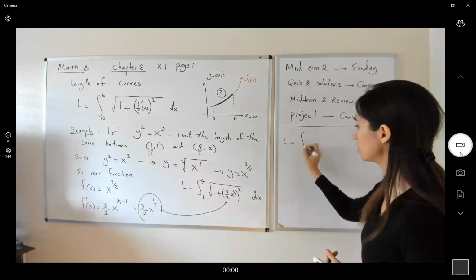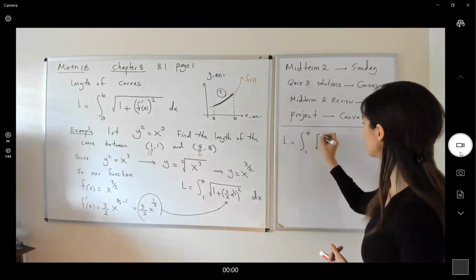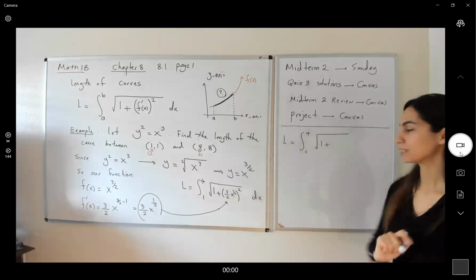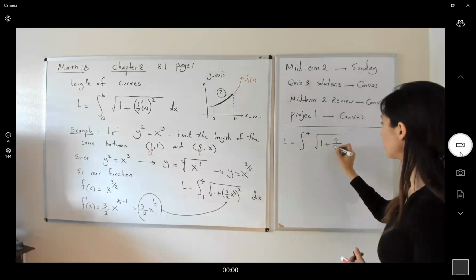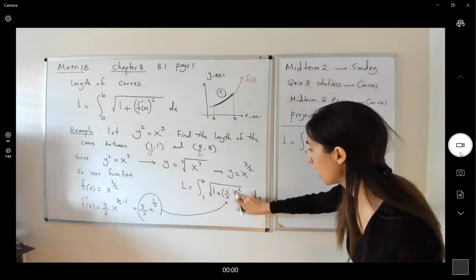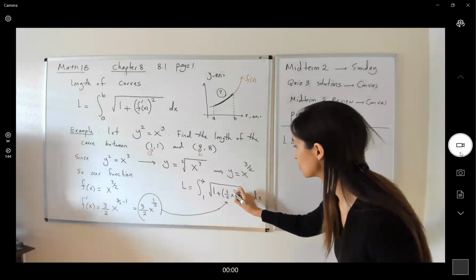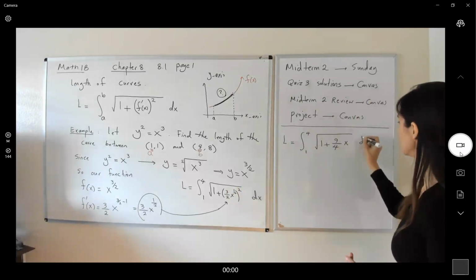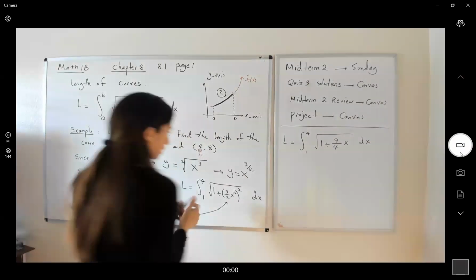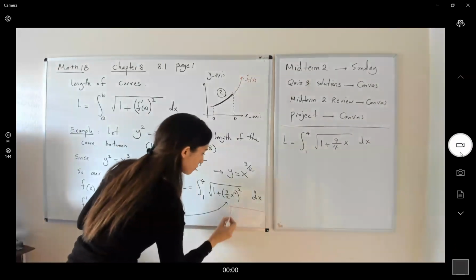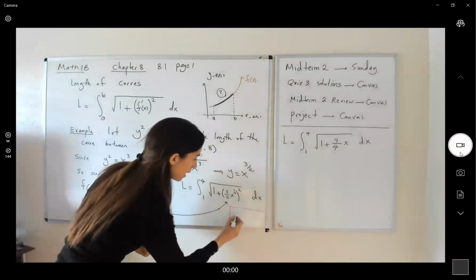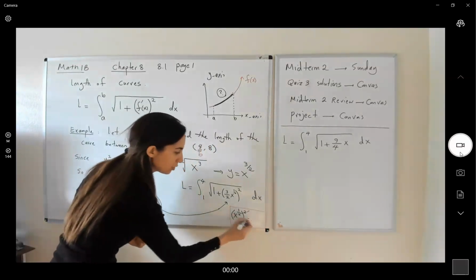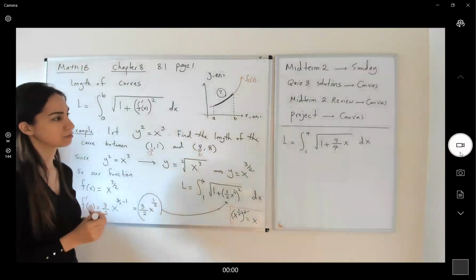L is equal to the integral from 1 to 4 of the square root of 1 plus (3 divided by 2) raised to the second power, 9 over 4. x raised to a half is now raised to 2, so you get rid of the denominator 2. You get x dx. So let me write this here for you. x raised to a half raised to 2, we can cancel out 2 and 2. It is equal to x.